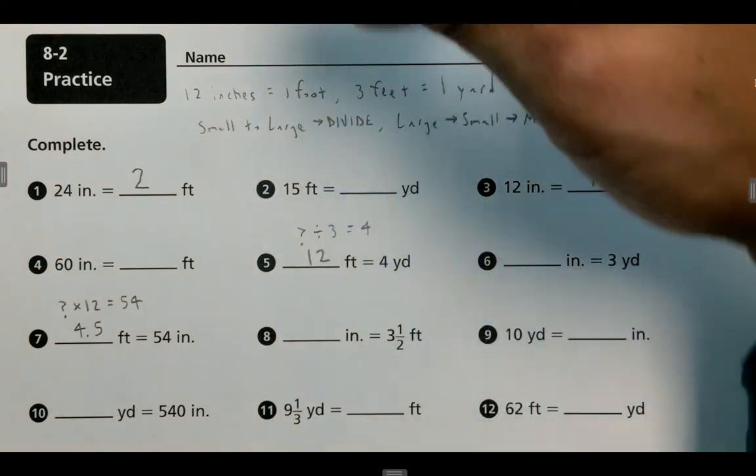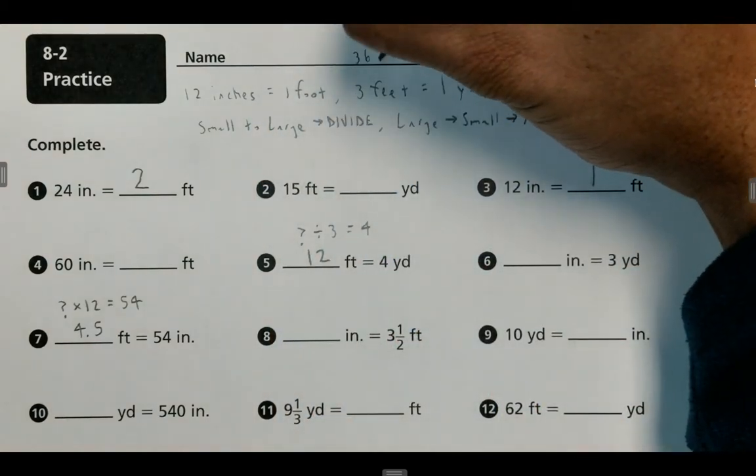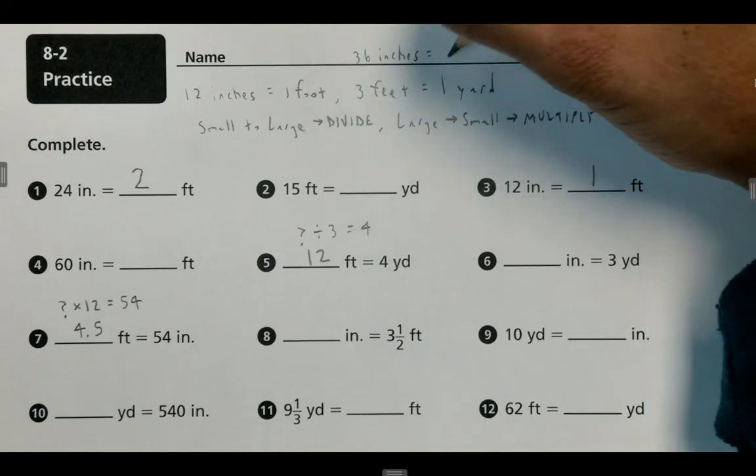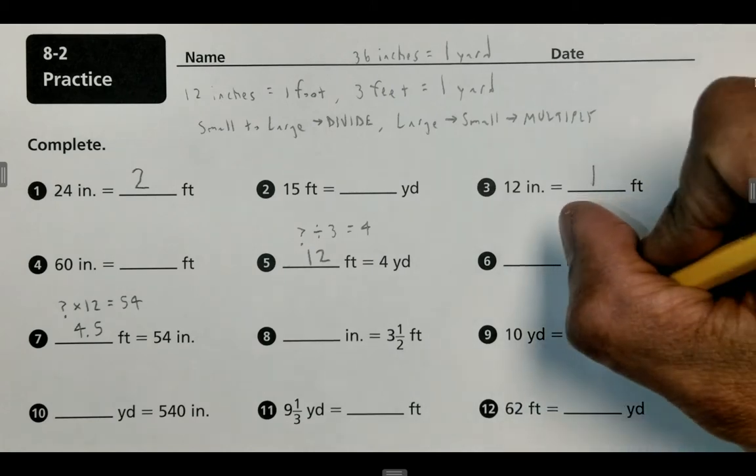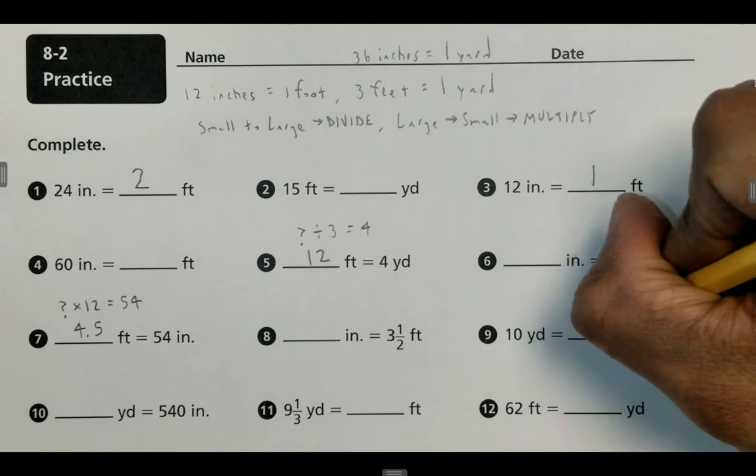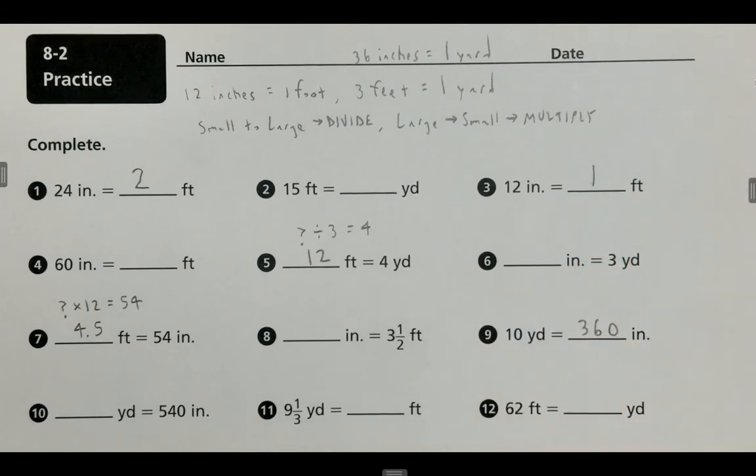I could say that 36 inches also equal 1 yard. And if I'm coming back to this problem here, if I'm going from a larger unit to a smaller unit, I'm going to be multiplying 10 by 36. Can you do that as mental math? 10 times 36, I'm just going to add a 0. 360 inches.